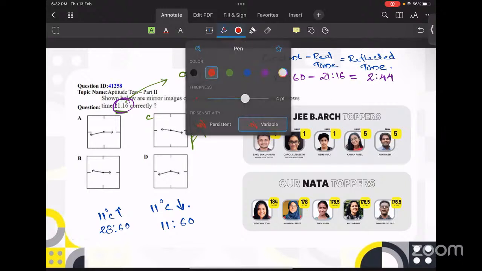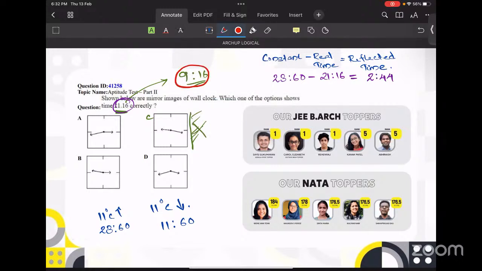If we convert it like 9:16, then we only need to use 11:60 minus 9:16. The answer will be the same. In both ways you can do it. So the clock showing the time 2:44 is the right answer. You guys can put your answers in the chat.